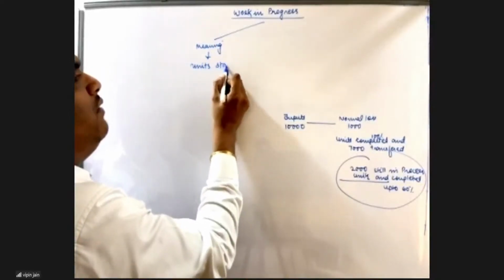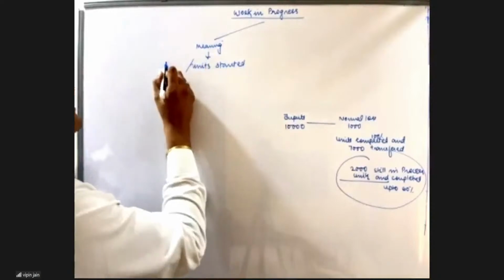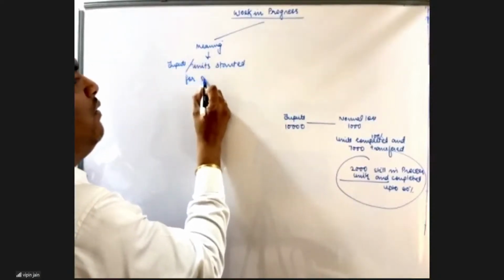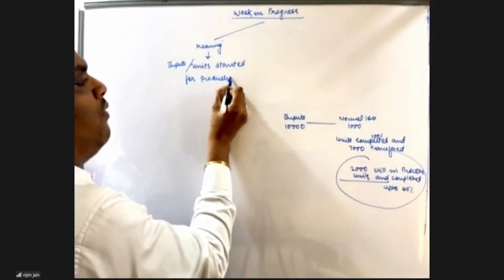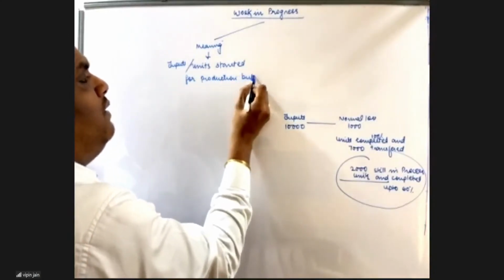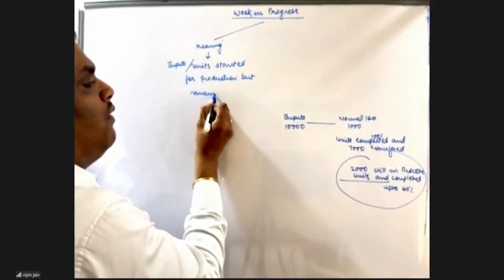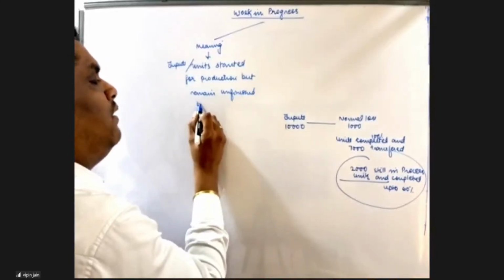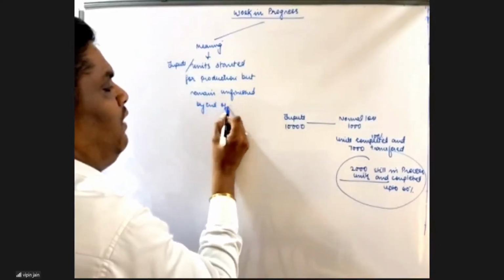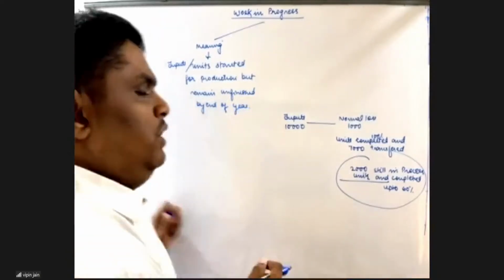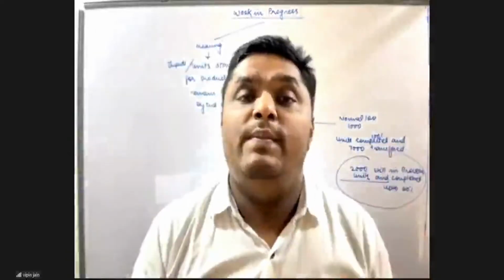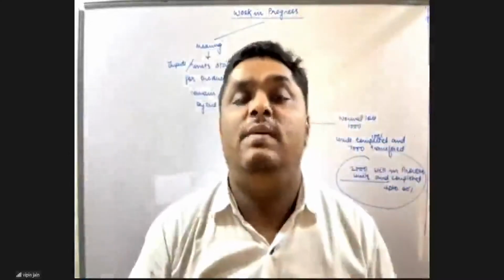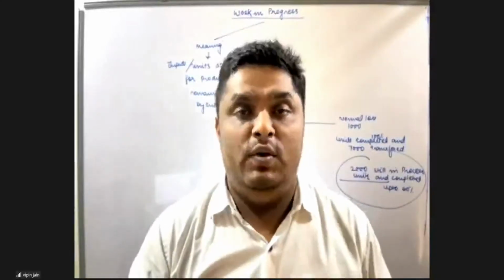Units started or inputs started for production but remain unfinished by end of year. Units or inputs that we put into the process but that could not be 100% processed, they are 60% complete and 70% complete. That is what we call work in progress.